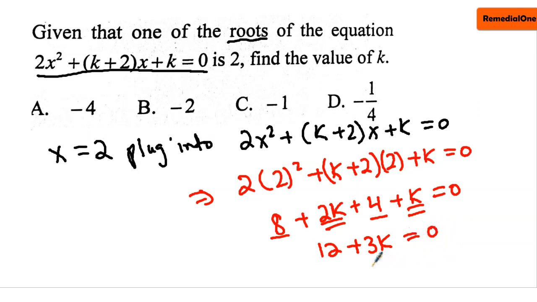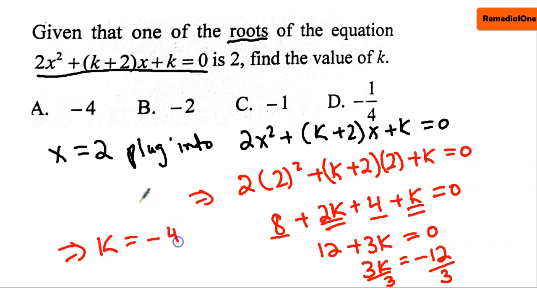So we take the 12 to the other side, and we get 3k equals negative 12. So we divide both sides by 3, and that implies that k will be negative 4. And that is also A.